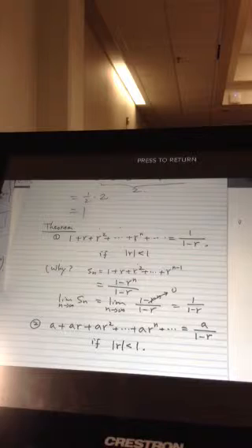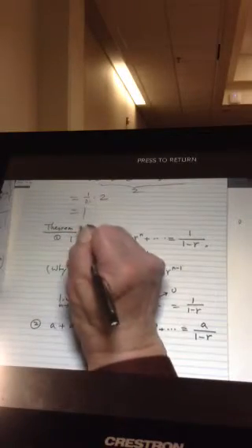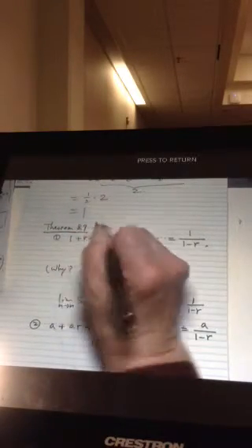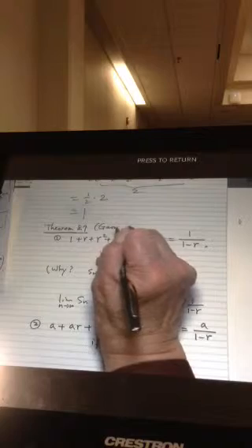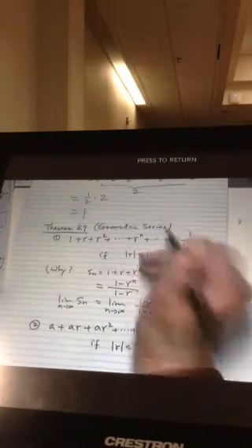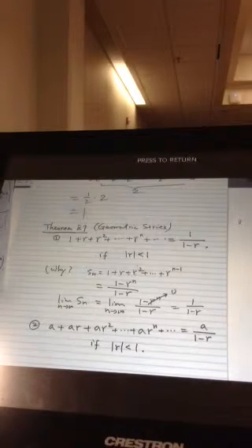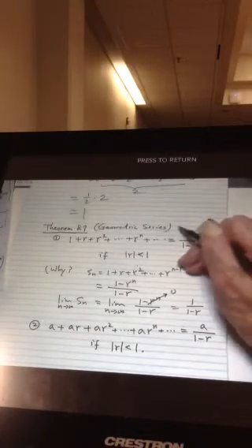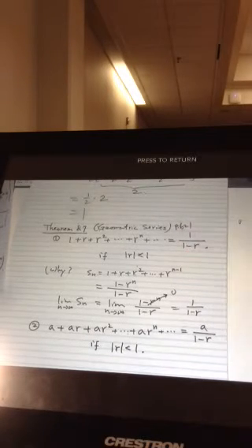This is called Theorem 8.7, geometric series, on page 621.